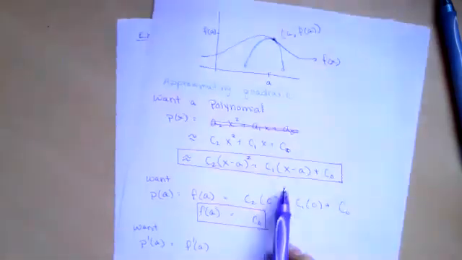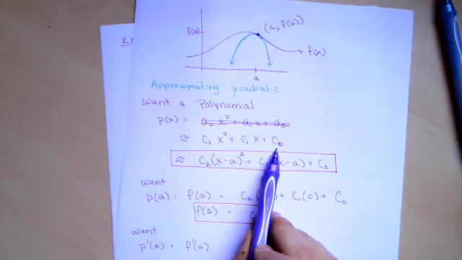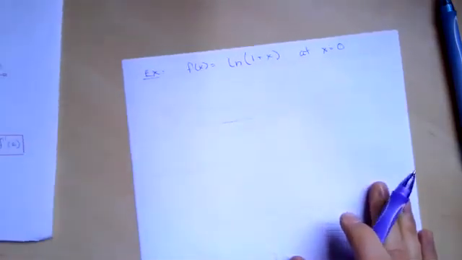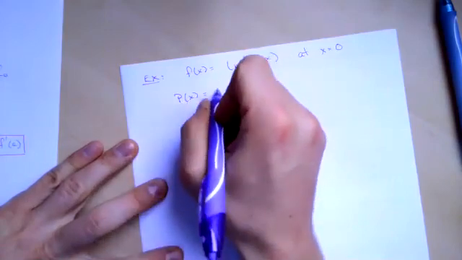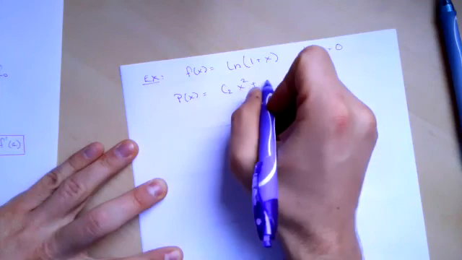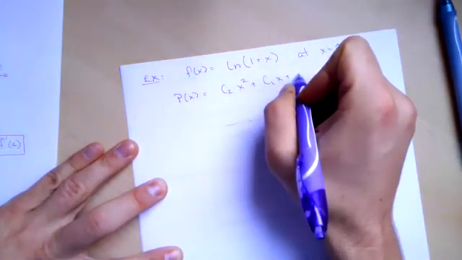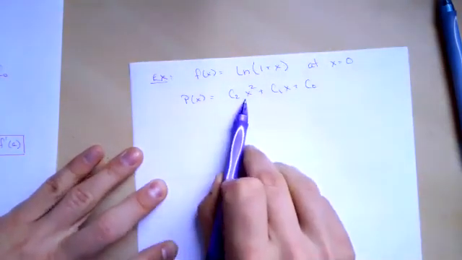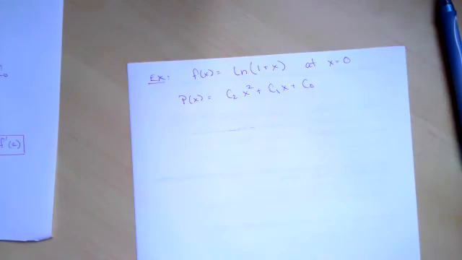The nice thing about this now is I chose my a as 0, so when a is 0, it'll look a lot like this. So what did we just show? We said that p of x is now c2 x squared plus c1x plus c0. And I need a polynomial that's going to be close to this natural log function.